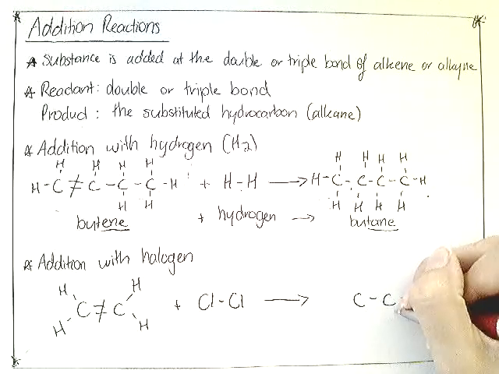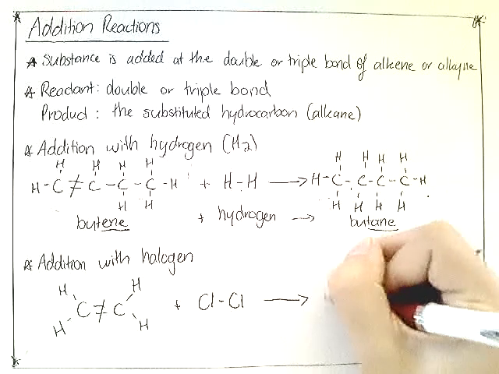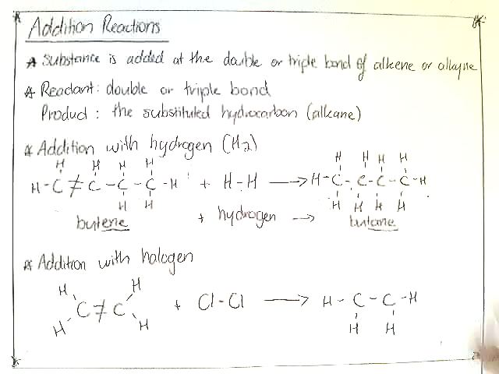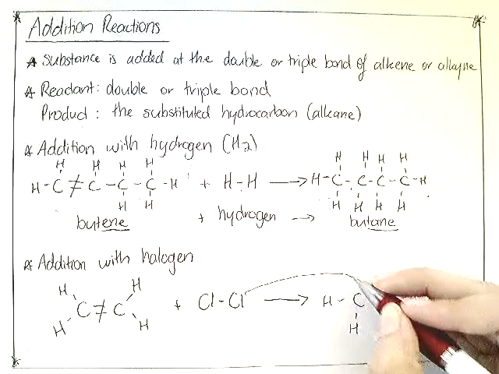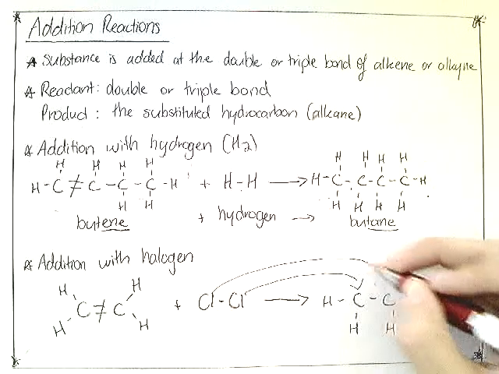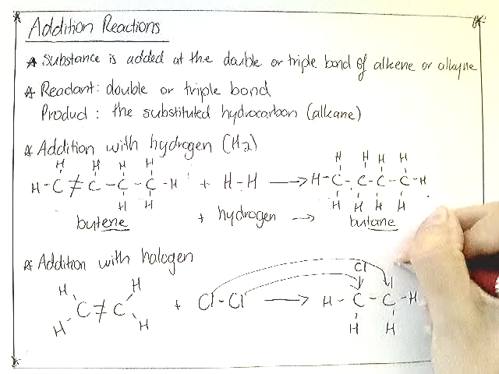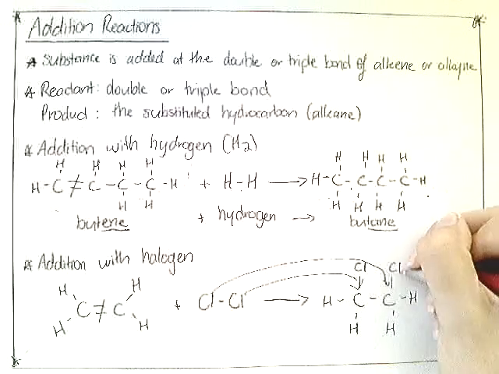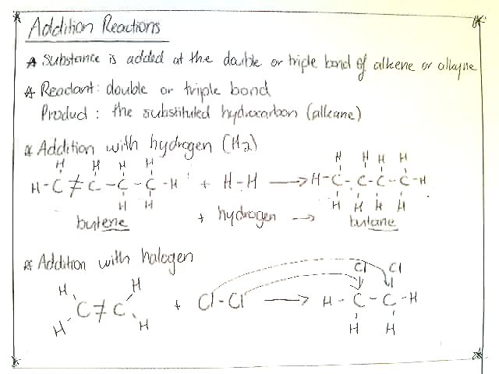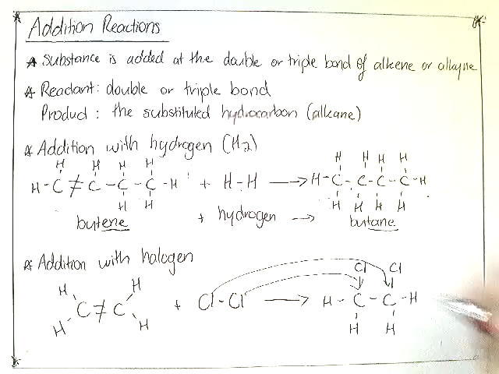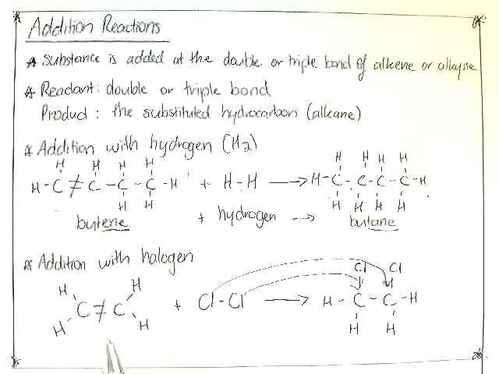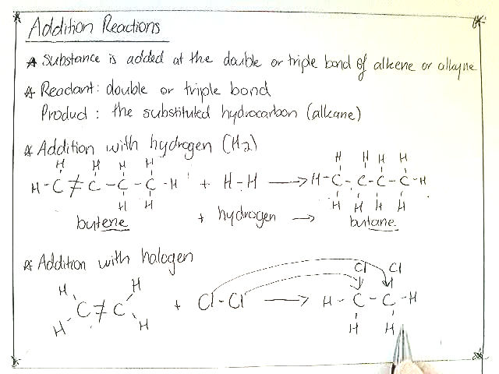Keep our H's as they were. Now we're simply going to take these chlorines and place them here. So we started with a double bond here, being an ene, and over here it's going to be an ane. So again we know that that was an addition reaction.